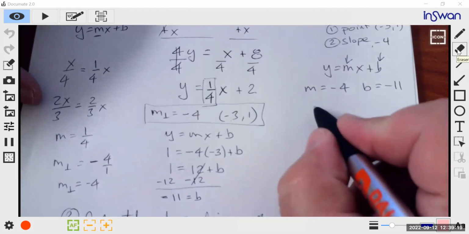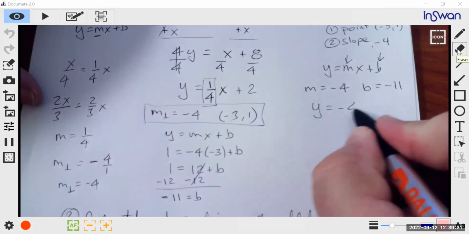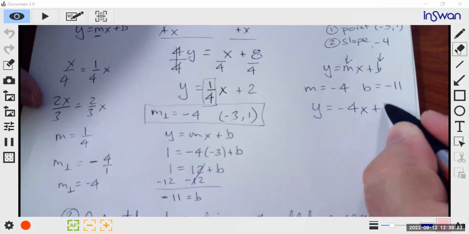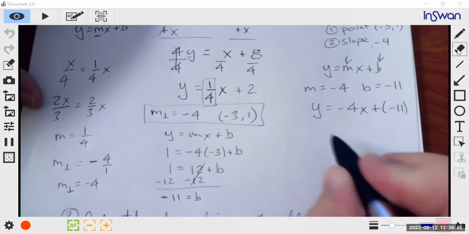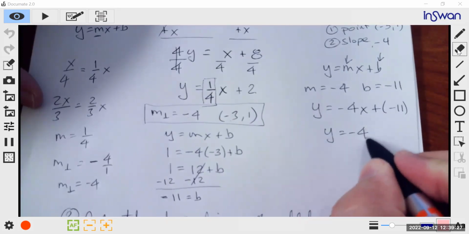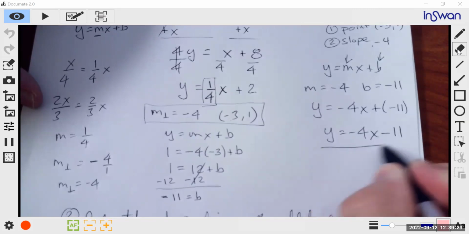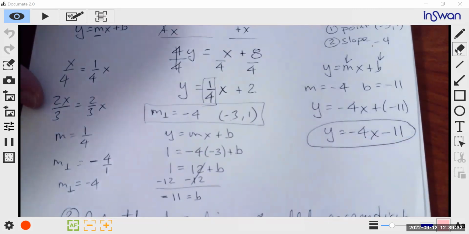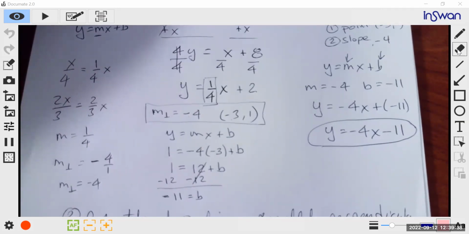Plug and play. There's the equation of a line perpendicular to that. Again, all the steps were written down last week in your notes.